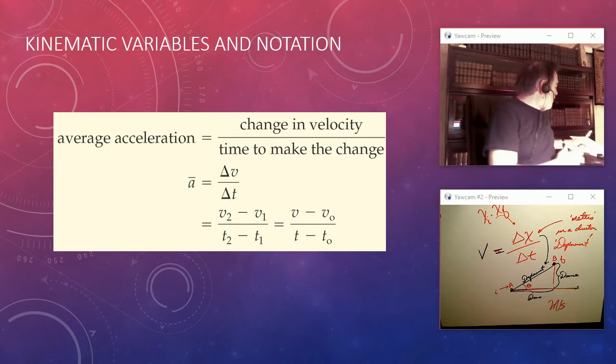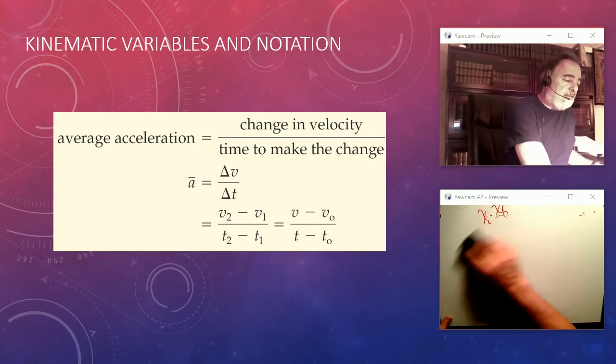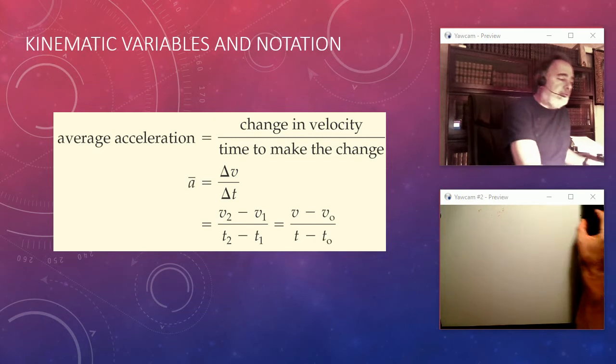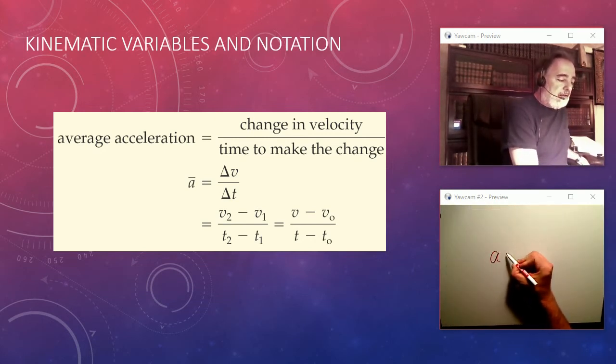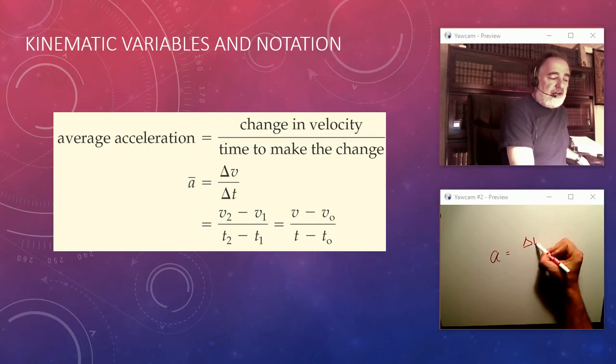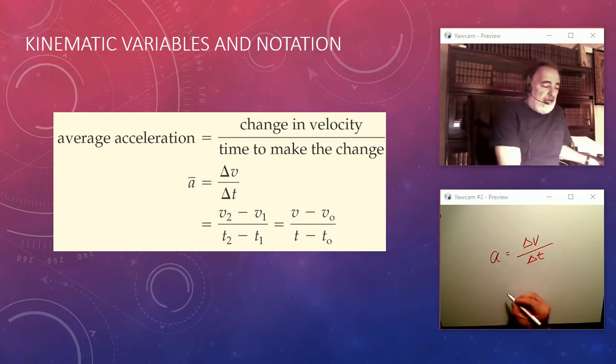Now, acceleration, that is a change in velocity for a given period of time. And as they show it here, there's a change from the second position here to the first position.